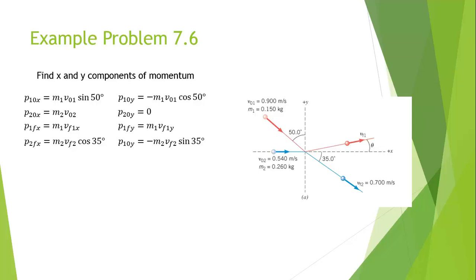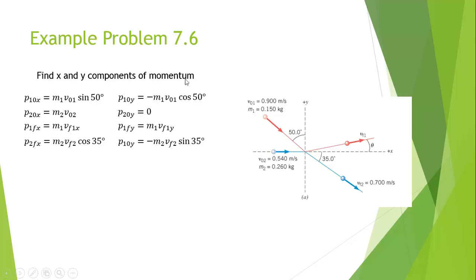So here are the x and y components of the momentum. For p1 initial, I have m1 v initial 1 sine of 50, really this side of the right triangle. And for the second one, I have m2 v initial 2, and it's all moving in the x direction. For object 1, m1 v final 1x, and for object 2, m2 v final 2 times cosine of 35, because I'm looking at this side of the right triangle. If we look at the x side of things, really the only thing I don't know is this thing here.